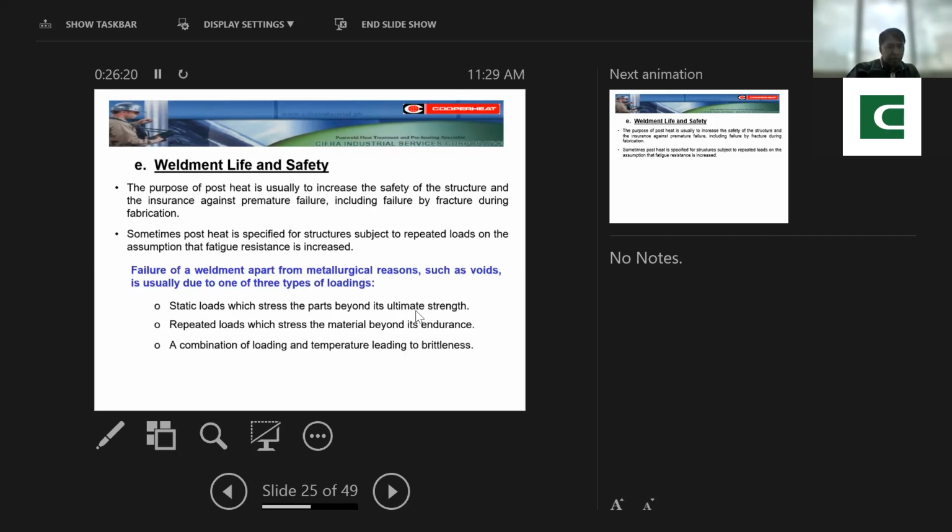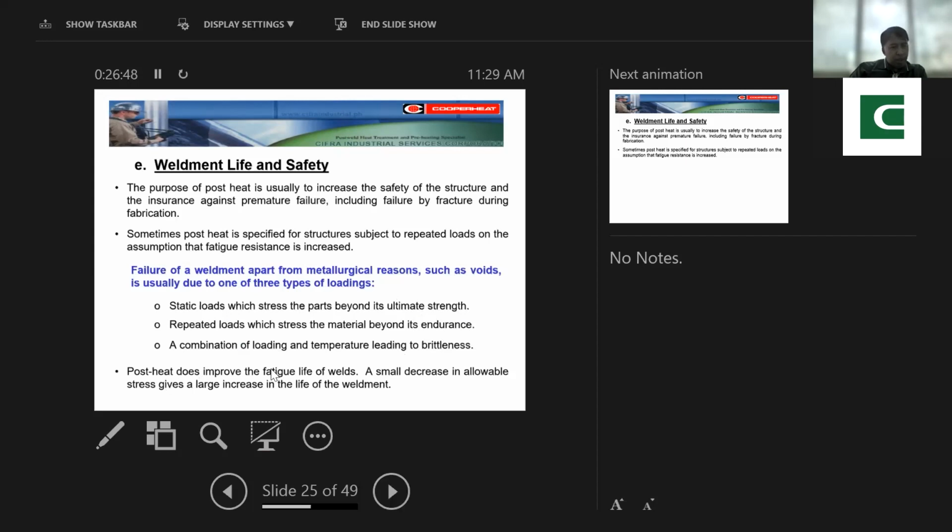Yung repeated load naman, aabot siya sa endurance limit, while yung static load, beyond its ultimate strength, tensile strength. If you conduct post-weld heat treatment, maiiwasan natin these problems: the brittleness, the endurance, and the exceeding of the ultimate strength of your material.